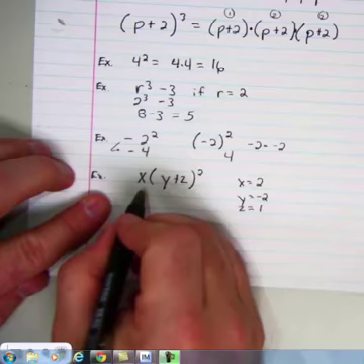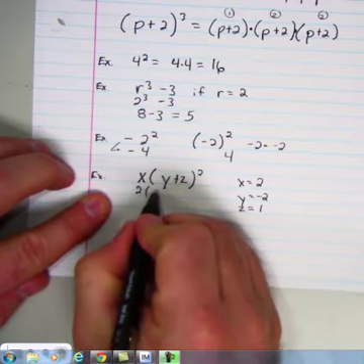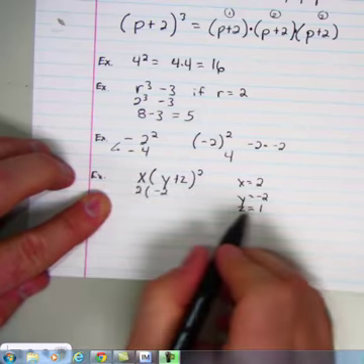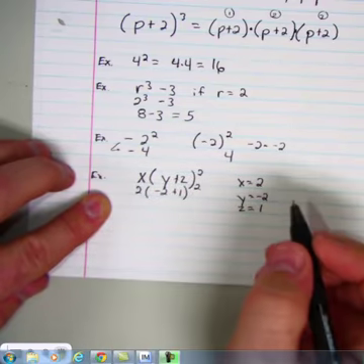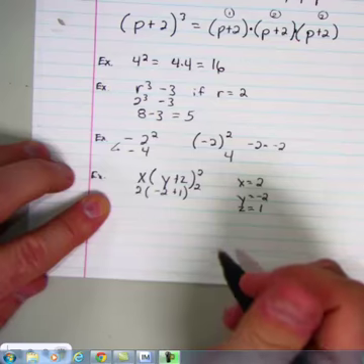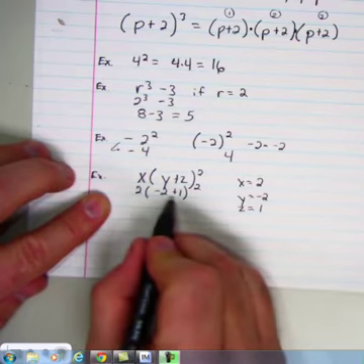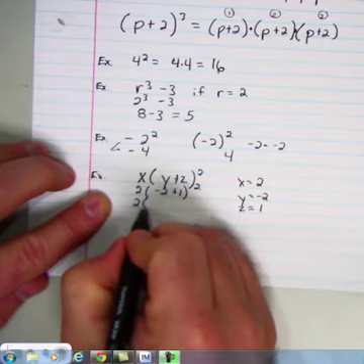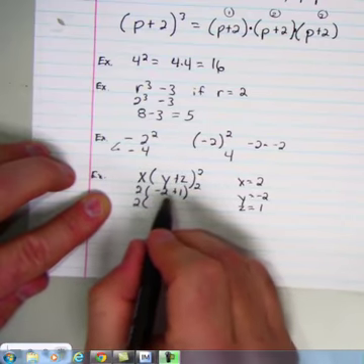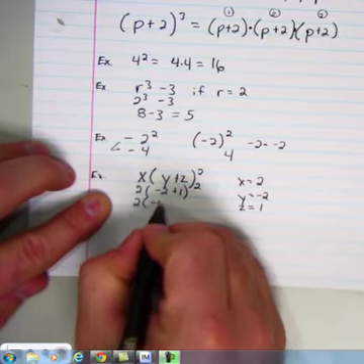My x is going to be 2, y is negative 2, z is 1, so plus 1, and then we square that. Still follow the order of operations. We need to do inside the parentheses first. So I bring down everything else I have not done. This 2 I haven't done. Inside the parentheses is negative 2 plus 1, which is negative 1. That's still in the parentheses, and we're going to square it.